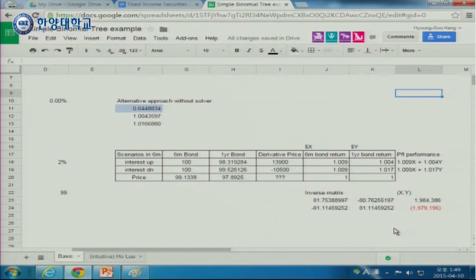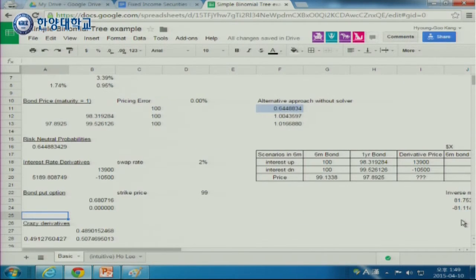Then what should be the price of this derivative? Since I can replicate this cash flow from the derivative by investing in this one and borrowing this one, the derivative price, X plus Y, is the sum of this one. So actually this one should be the derivative price.